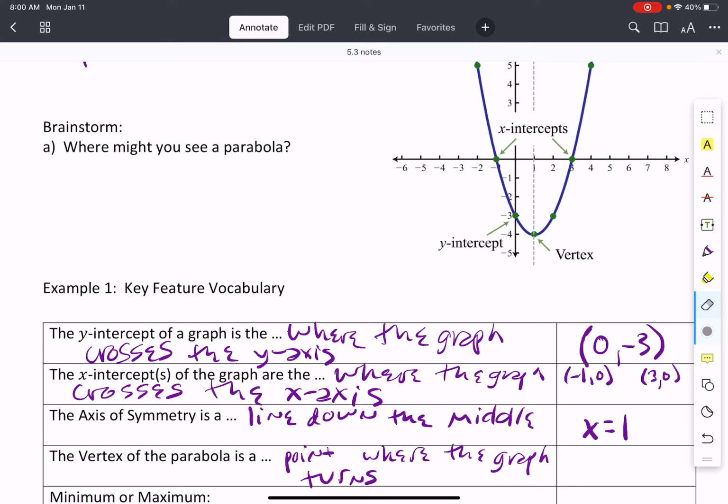Does anyone think they could raise their hand and tell me what they think the vertex is? Gavin? (1, -4). Awesome. (1, -4).